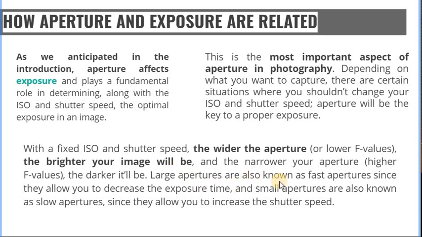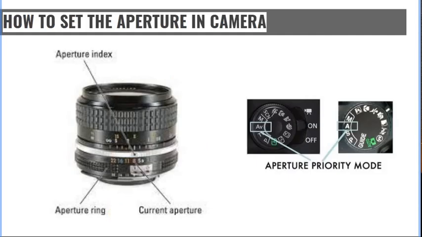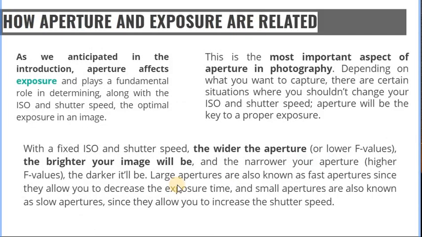So, large apertures are also known as the fast apertures since they allow you to decrease the exposure time. And small apertures are also known as slow apertures naman since they allow you to increase the shutter speed. Diba? Bakit? For example, umaga ngayon.